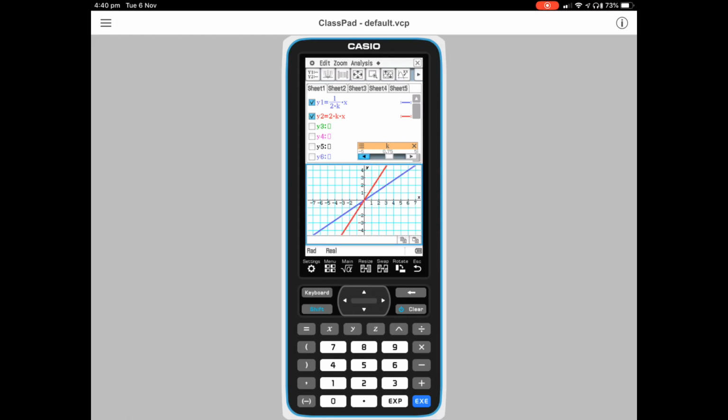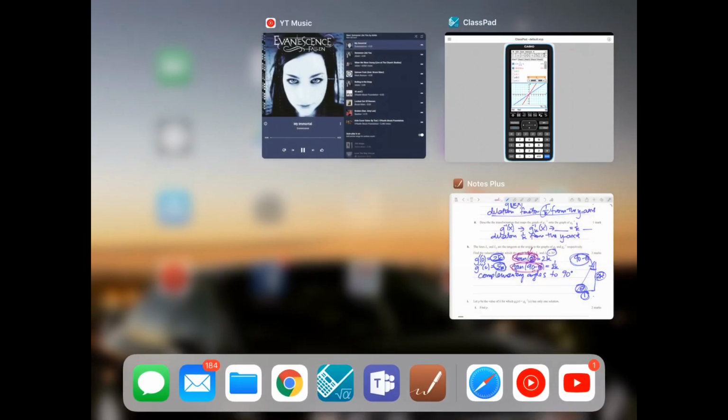So the first one, that angle there would be 30 with the red line. And then here the angle would be 60 with the red line.